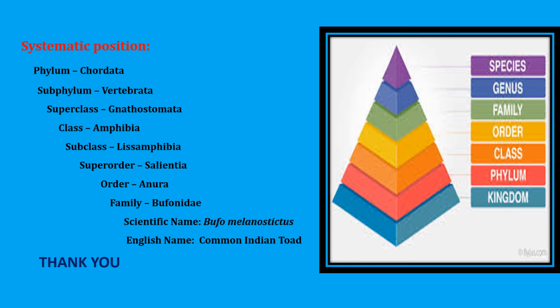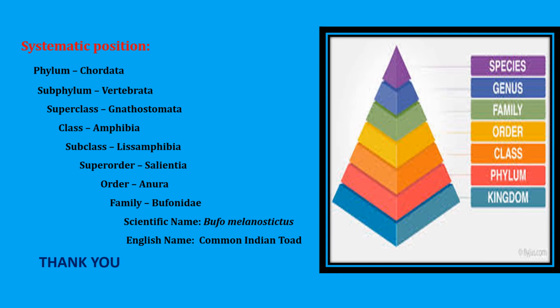So there will be two section under one class. Hope so you have understood. Based on this theory only, taxonomic or systematic position of animals has been done by scientists.